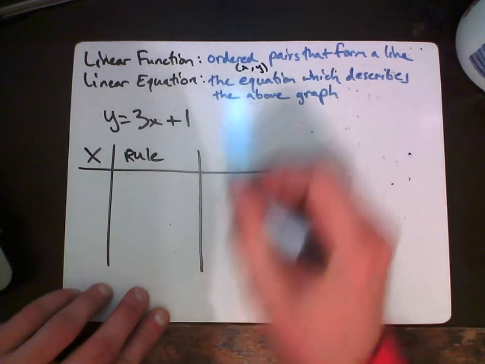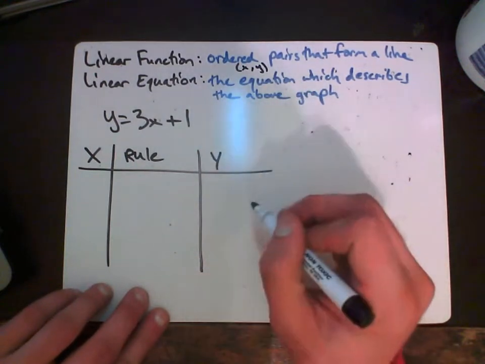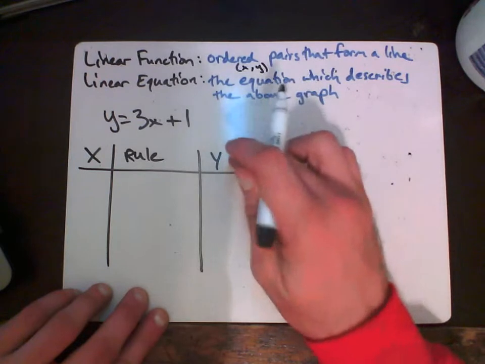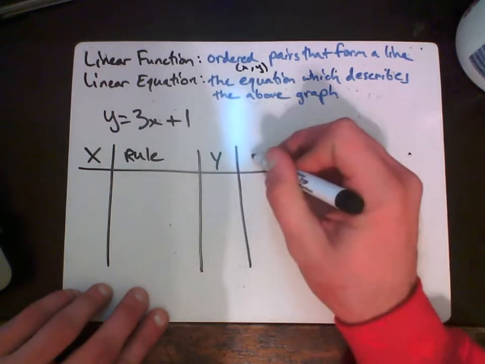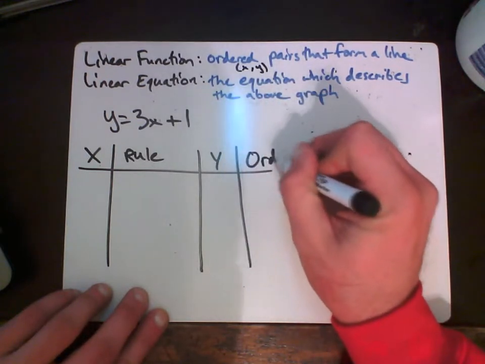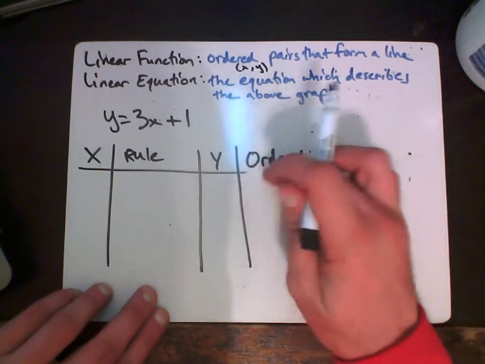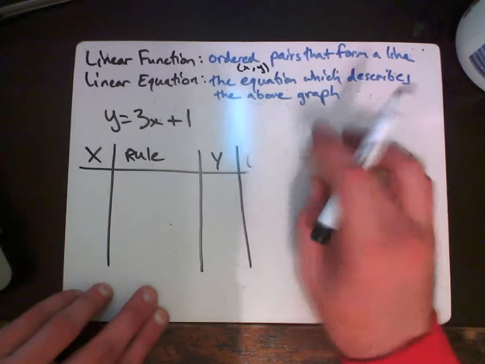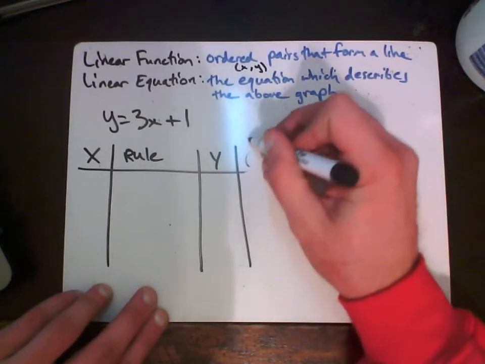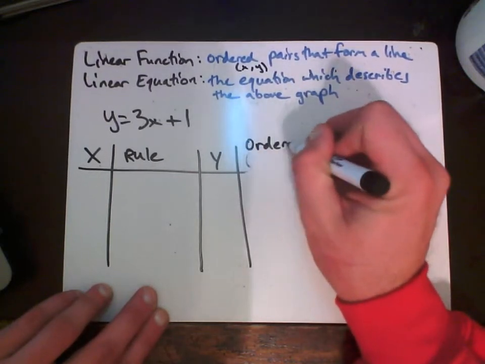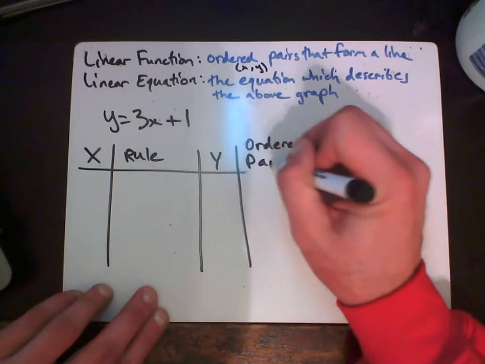I have my y's, my output, and then I have a new column, my ordered pairs.